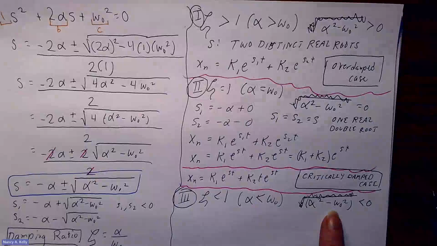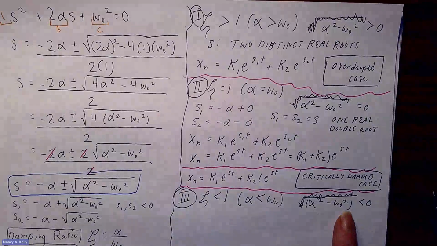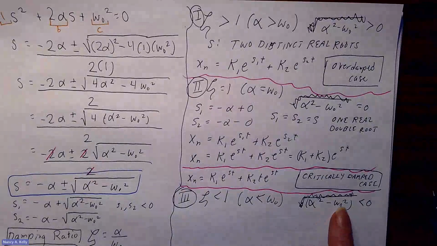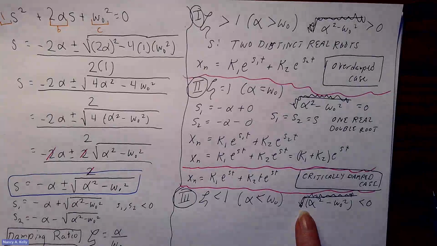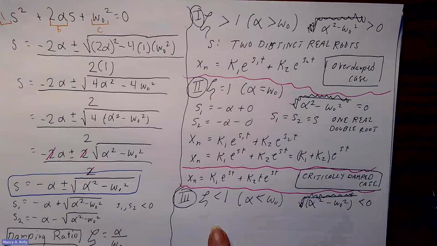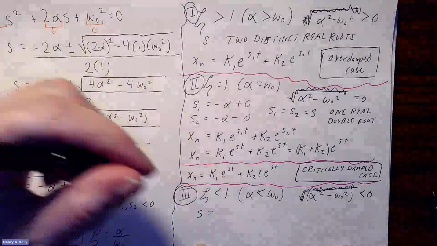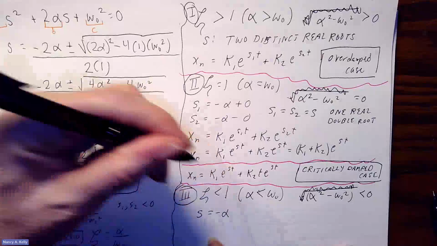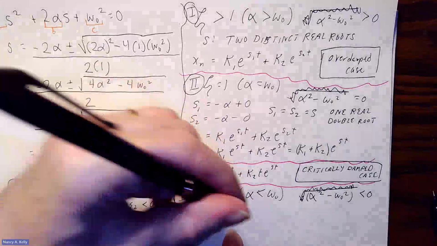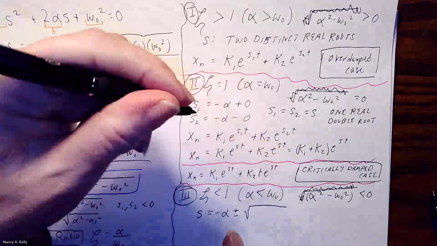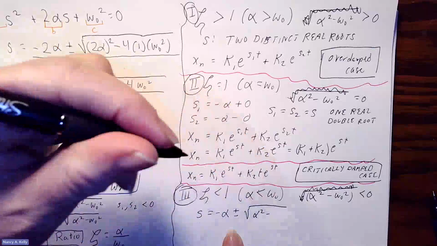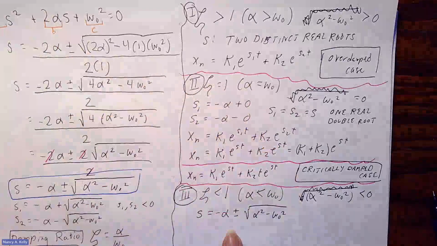Anyway, this quantity under the radical is going to be less than 0, and that's a problem because we're not supposed to take the square root of a negative number. If we do, we're going to get an imaginary number. So what we're going to wind up with is as follows. S is equal to minus alpha plus or minus the square root of alpha squared minus omega 0 squared.